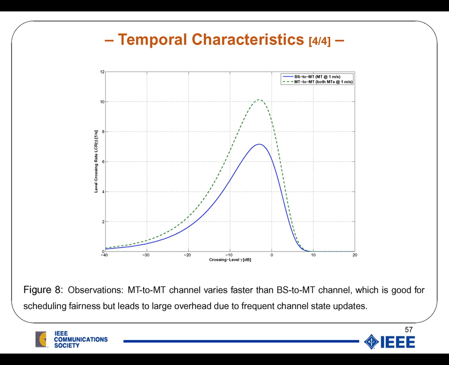For the level crossing rates, as you can see, I plotted here the level crossing rate, 1 per second, versus the crossing level, and here again is the traditional base station to mobile terminal link, where the mobile terminals are again assumed to move at 1 meter per second, and we got the regenerative relaying link, which shows a much higher level crossing rate, which means that from a scheduling point of view, we have a much higher fairness because we are able to schedule or to serve many more people in the same time period as if we just used the base station to mobile terminal link.